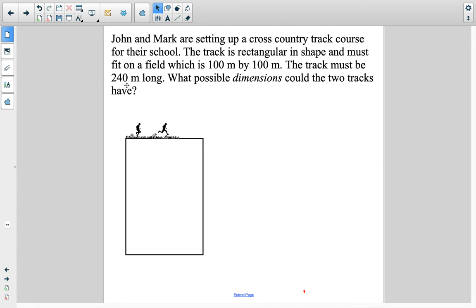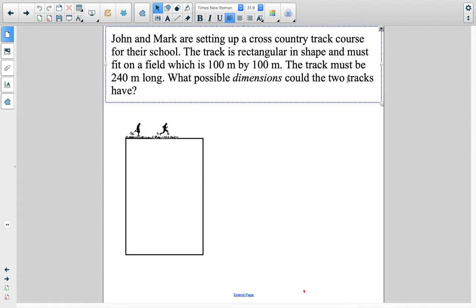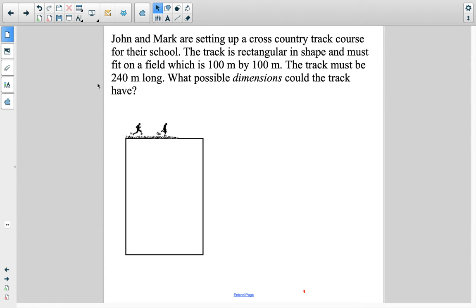The track must be 240 meters long. What possible dimensions could the track have? So basically, it has to fit on this field and it has to be 240 meters long.